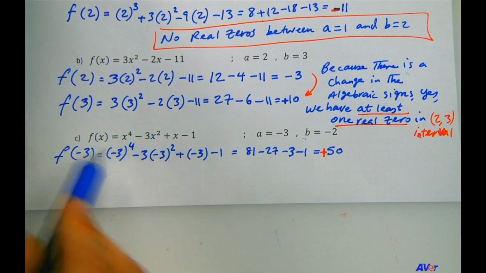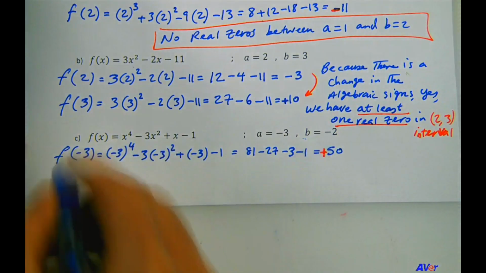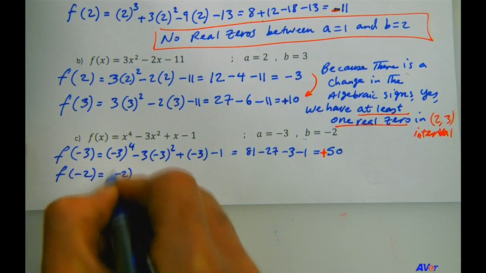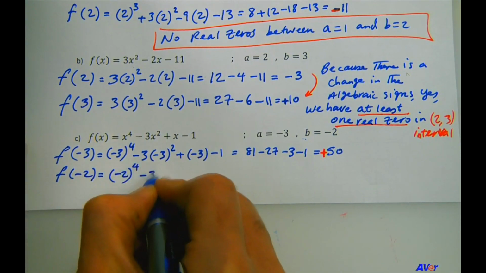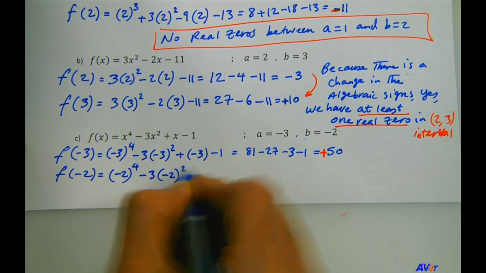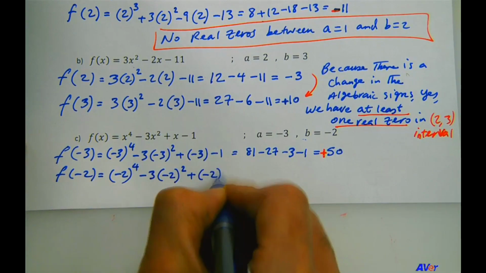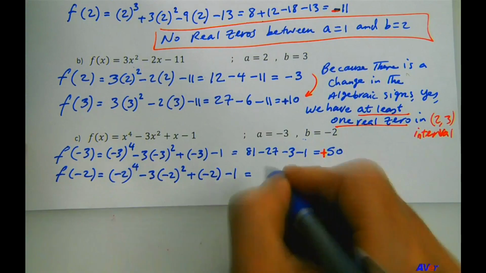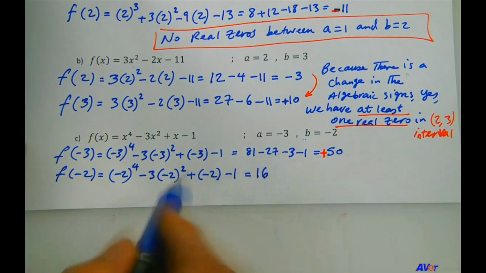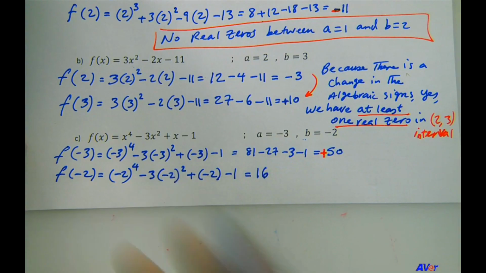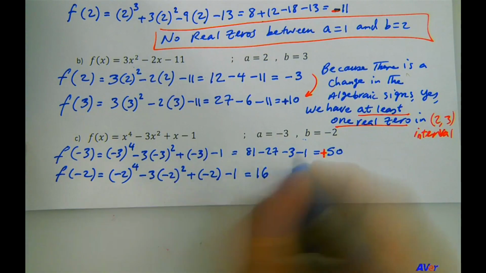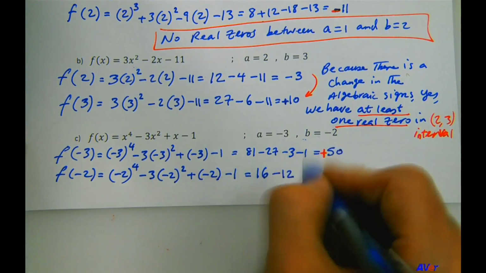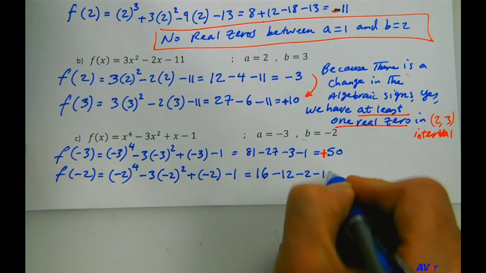So let's calculate the same function at -2. Like that. So -2 to the fourth power, that's positive 16. Minus 2 squared, that's positive 4, times -3, that's -12. Minus 2 minus 1. Right? What do we get?